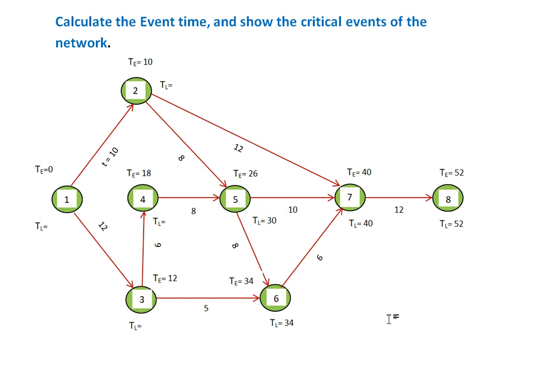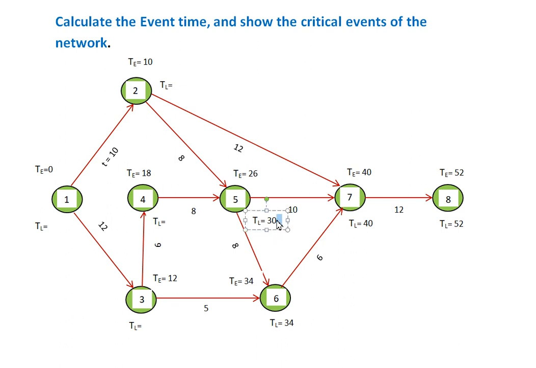So, another one, if we follow the path 7 to 5 the latest time will be 30, and if we follow the path 7 to 6 and 6 to 5, the latest allowable time will be 34 minus 8, so 26. So there are two TL values, and we need to write one of them.